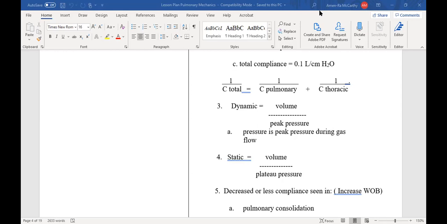And then the next one is dynamic compliance. And that is C dyn equals volume over PIP.